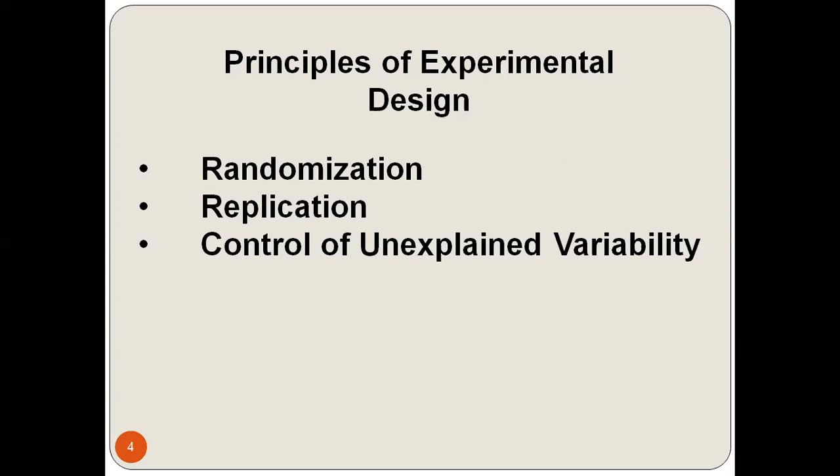Then replication. Replication means we are repeating the same experiment again and again. Same experiment means same treatment. Suppose you have a few treatments on fertilizer: zero fertilizer, 10% of the fertilizer as the second treatment, 15% as the next treatment, 20% as the third treatment, and so on.